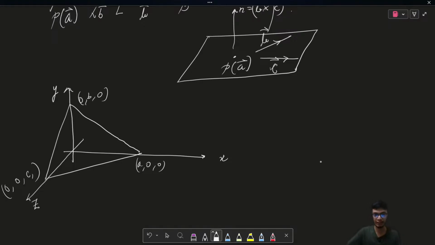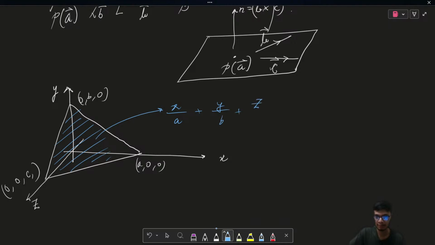Okay, so if I have this as my plane, now the intercept form of this plane is that the equation of the plane can be written as x by a plus y by b plus z by c is equal to 1.